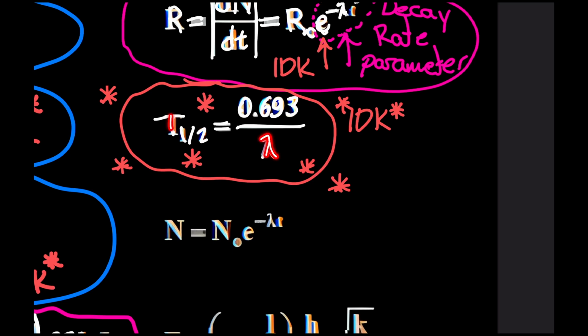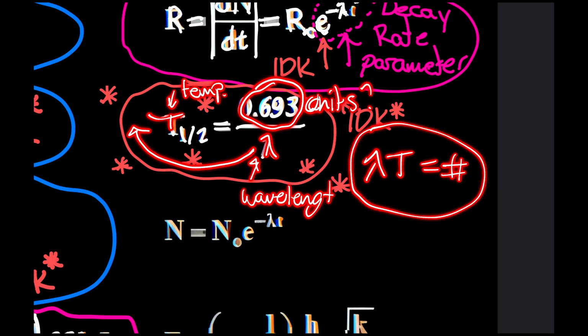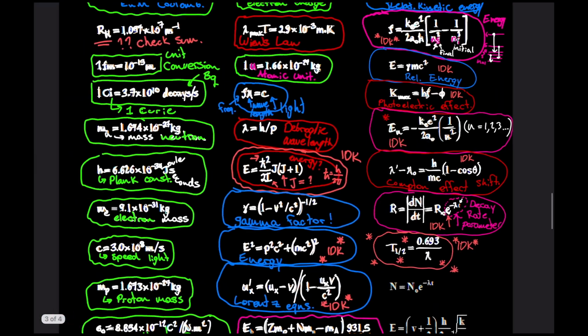So I don't know, but maybe just off the top of my head, what I'm thinking is I have a lambda here, I have a t here. Maybe this means temperature, and maybe lambda means wavelength, right? We've seen this fairly commonly. If I multiply lambda here, I got an equation lambda times t equals some number. This number here doesn't have any units, so it is unitless, but this form of the equation, lambda times t equals some constant, I actually have seen here.